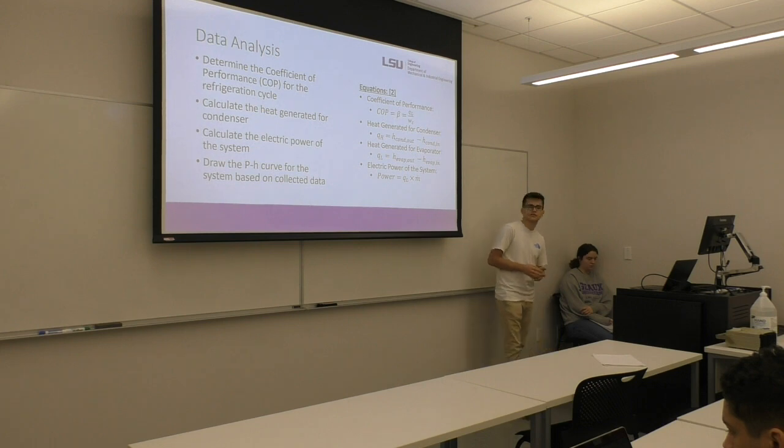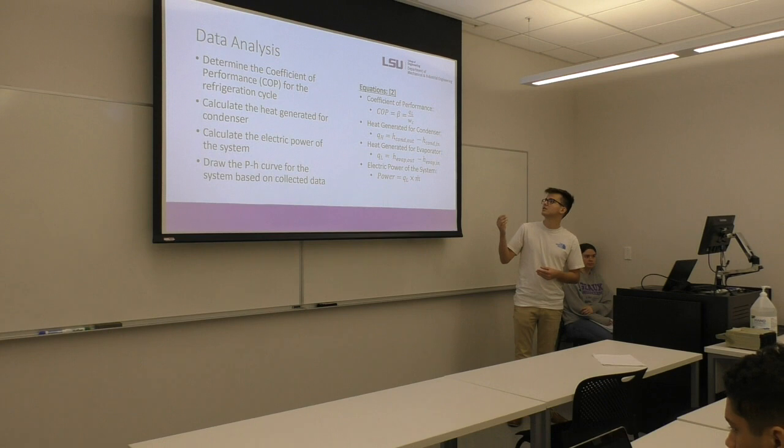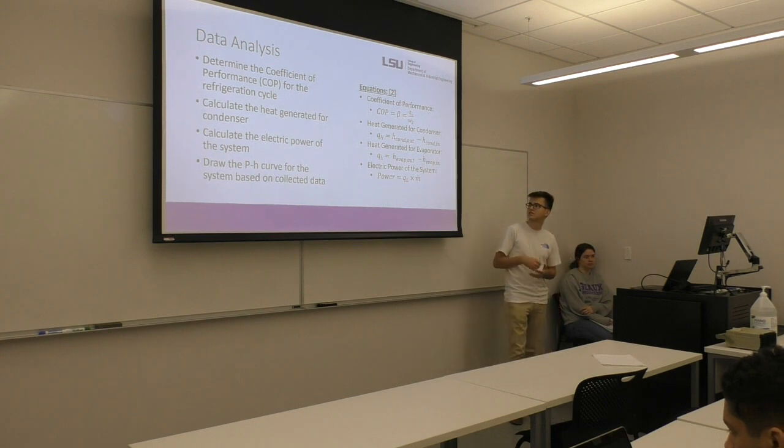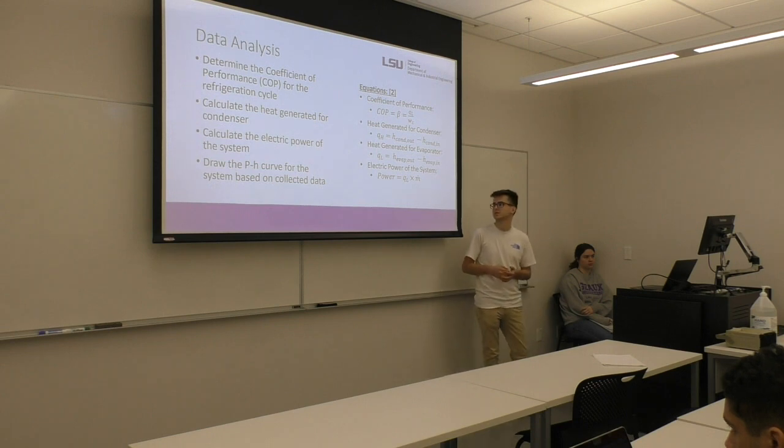The equations that I found in the book include the coefficient of performance, which is the heat generated for the evaporator over the work of the system. Also important to note is the electric power of the system, which is given by the heat times the mass flow rate.